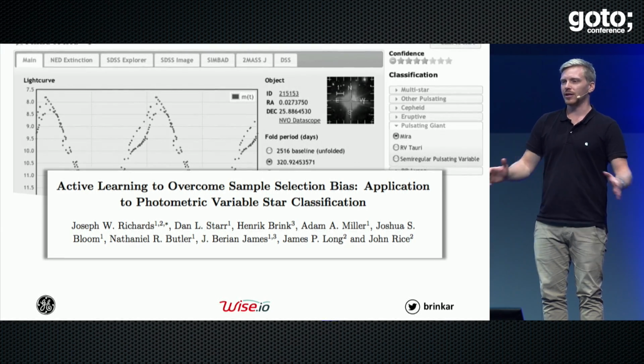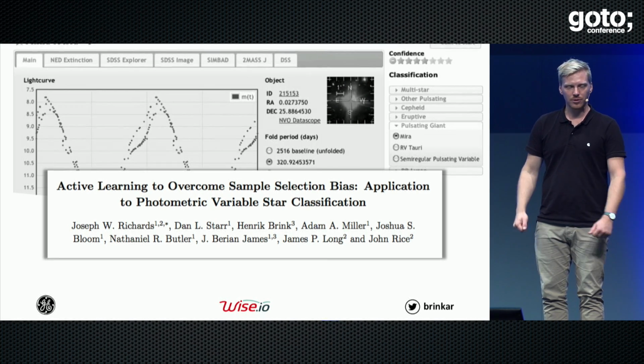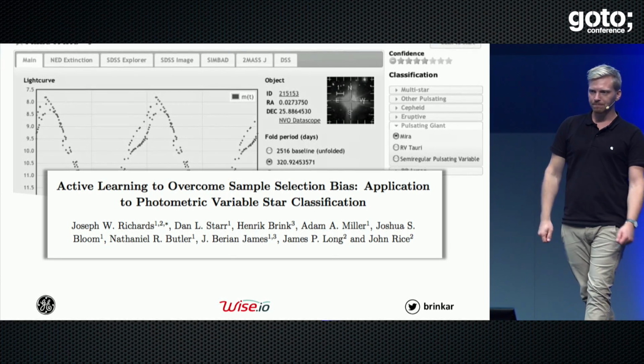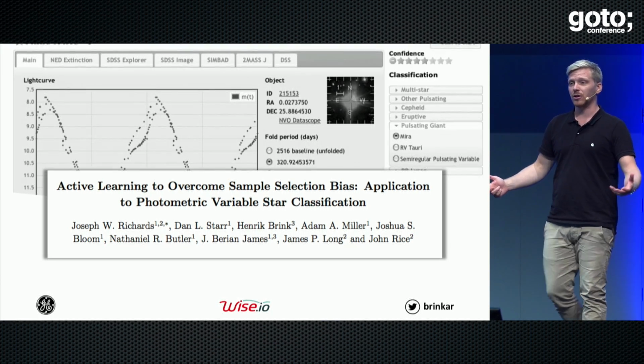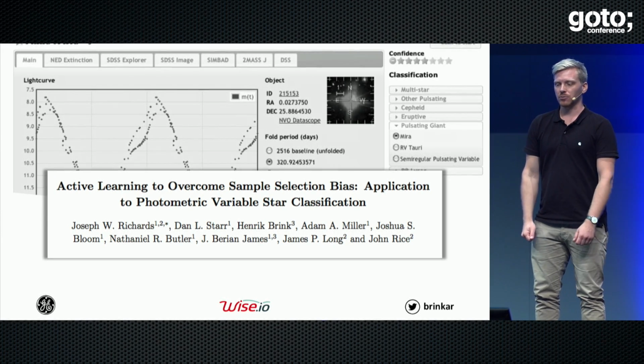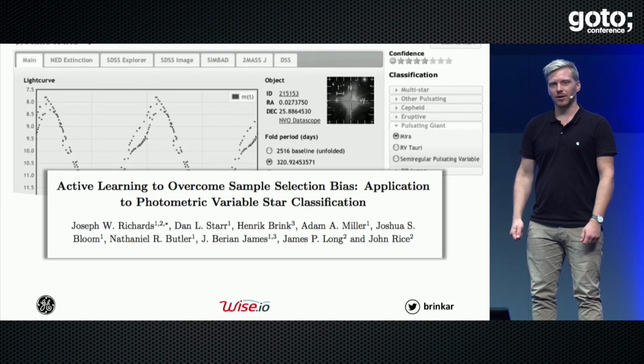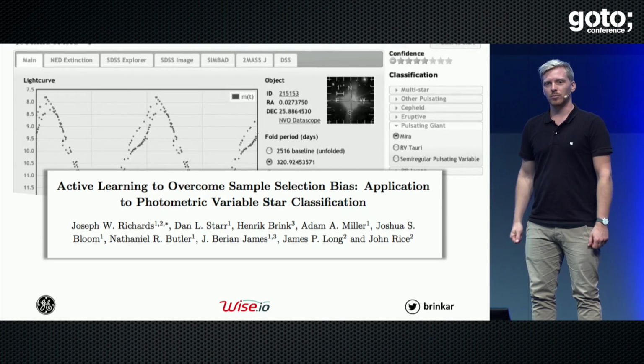But because there are so many classes, a lot of them had very few examples, and you'd have to think about how to build a model that was good on all of the classes. So we started building algorithms that could ask the model, hey model, what should we investigate for you to become better?